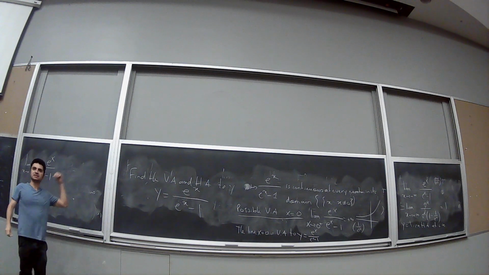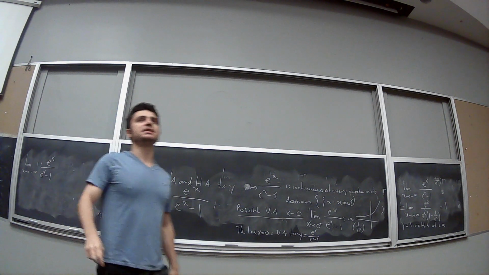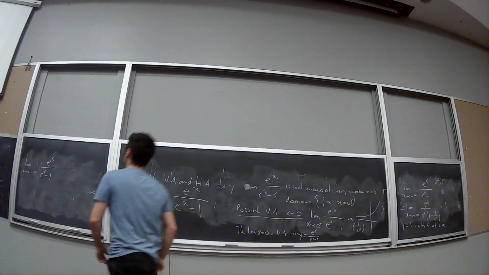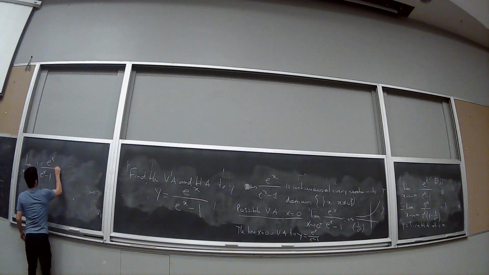What is that? Where does the top go to? e to the negative infinity, what is that equal to? 0. On the bottom, what do I have? On the bottom, everybody, negative 1. So I have 0 over minus 1. What is that equal to? 0, right?